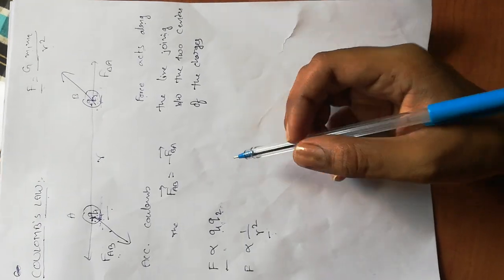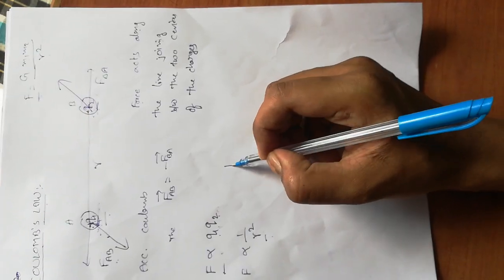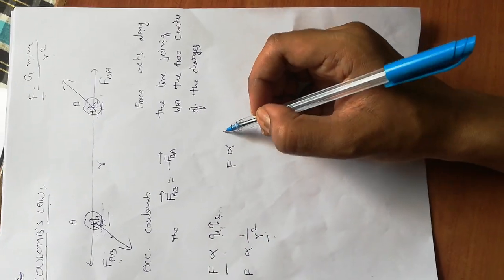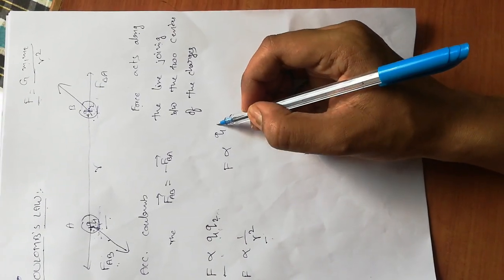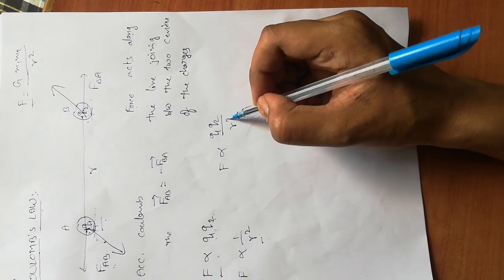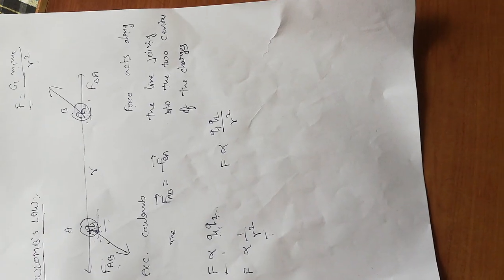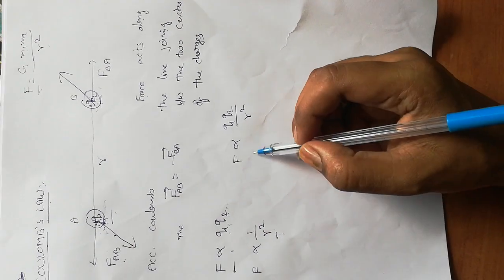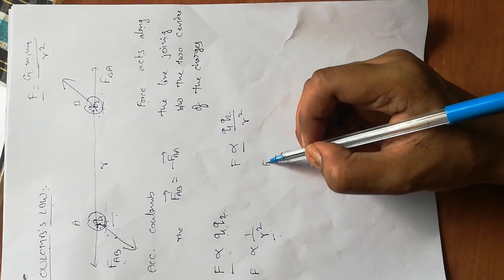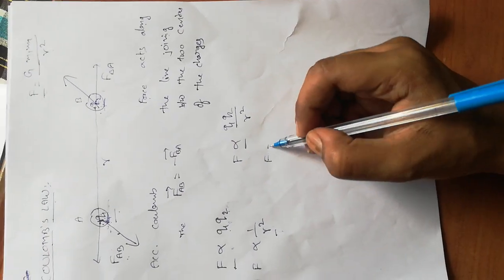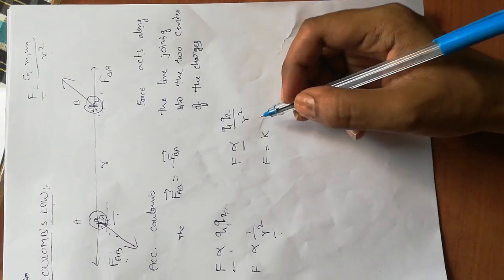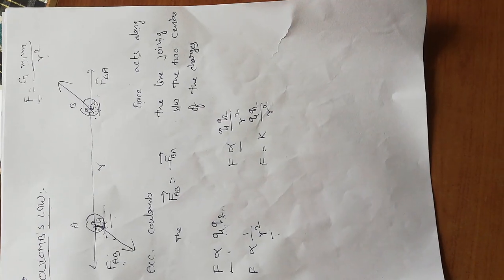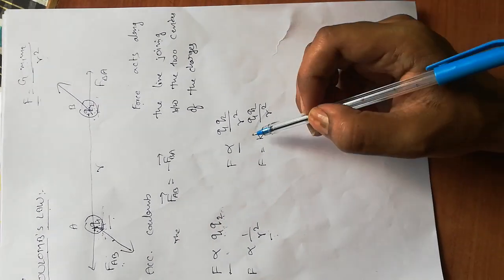Now if we combine these two, F is directly proportional to q1 q2 by r square. And to remove the proportionality symbol, we take one constant, k, so F equals k q1 q2 by r square.